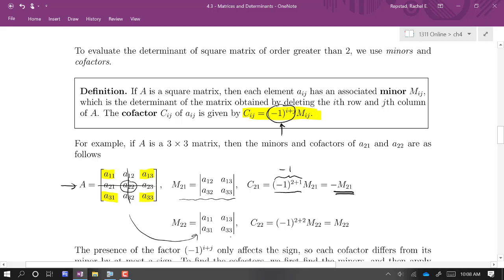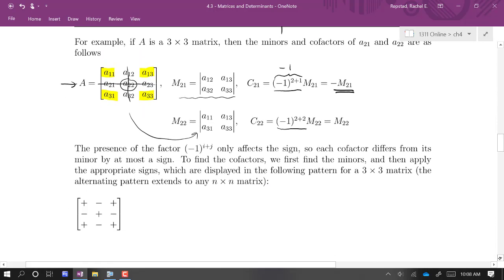That's the minor. Now, the cofactor in this case is going to be equal to the same value as the minor, because negative 1 to the 2 plus 2 is negative 1 to the 4th, and that's positive 1. So the cofactor is either going to be equal to the minor or just a different sign.